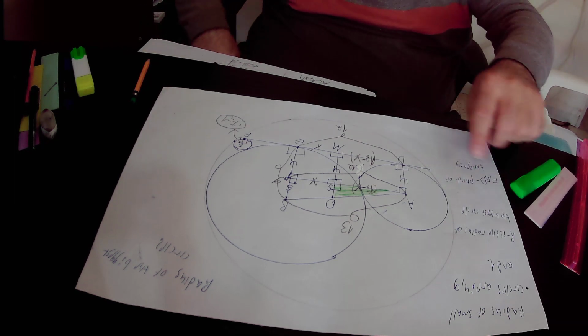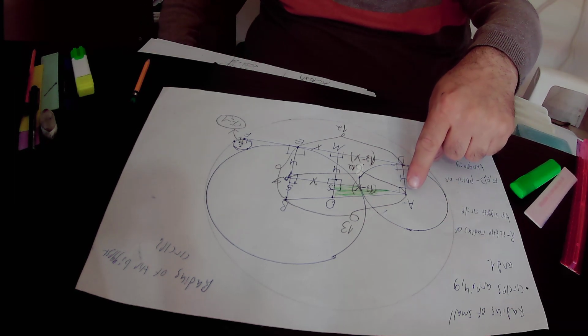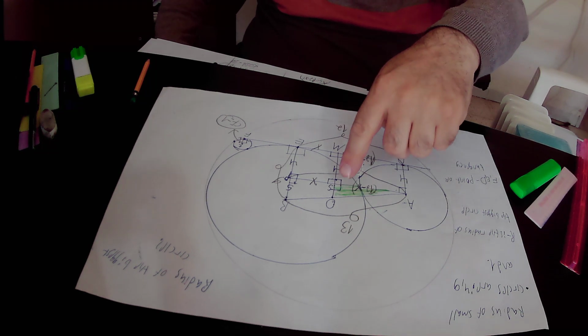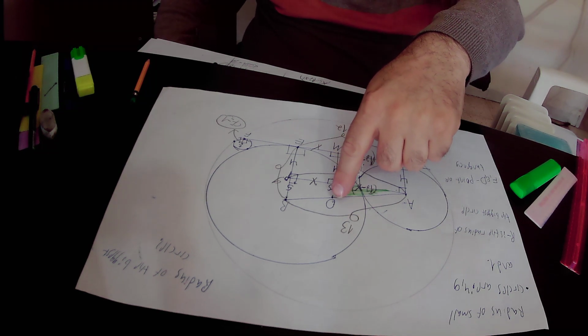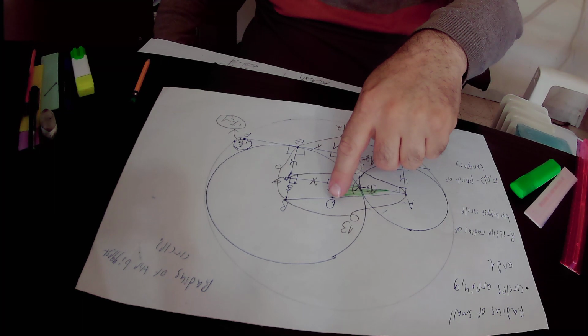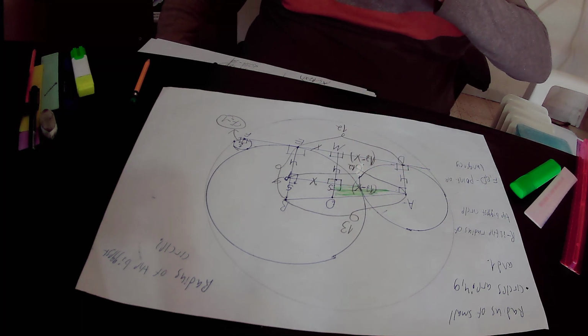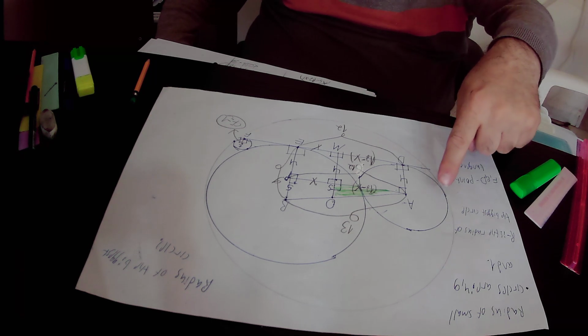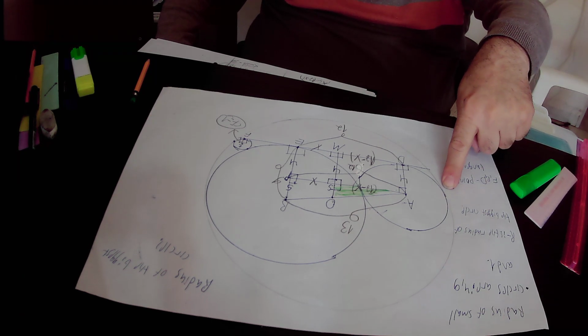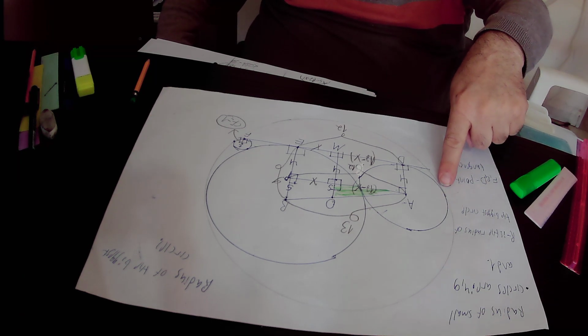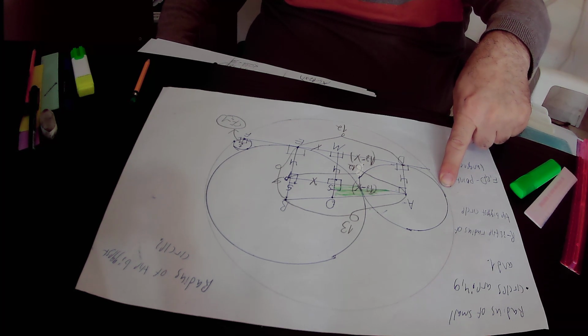A is the center of this circle that its radius is equal to 4 units. O is the center of the biggest circle that its radius is equal to capital R. And this circle and the biggest circle have an internal tangency between them at this point, that is to say they are touching each other at this point.